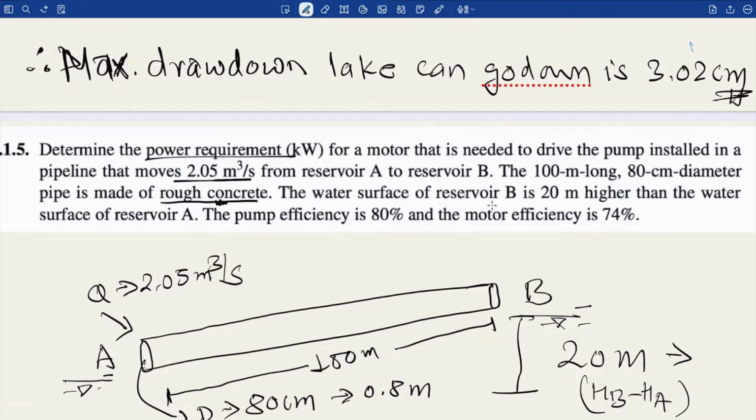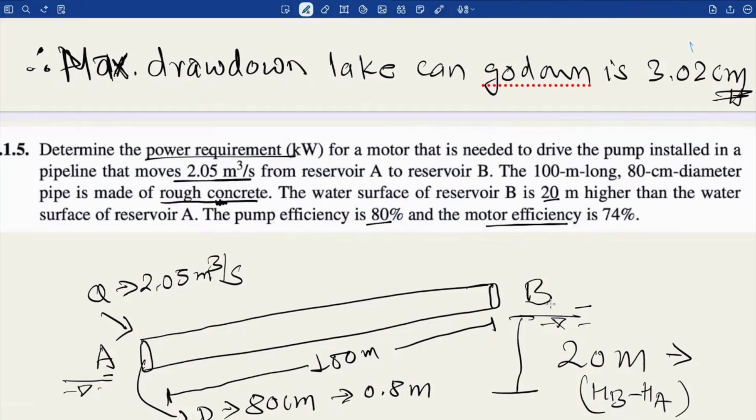The head is also given, 20 meter, and pump efficiency is 80%, whereas motor efficiency is 74%. This problem requires us to first find how much energy the pump needs to add, HP, accounting for elevation and friction losses, and then work backward to find the motor power.